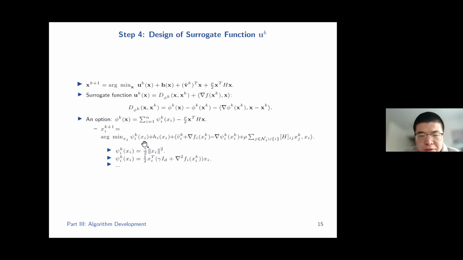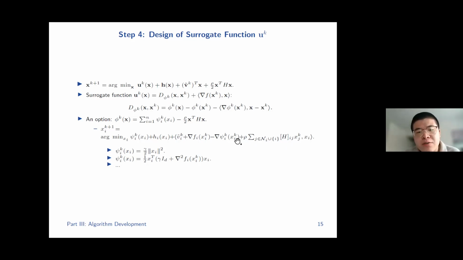Note that in the first 3 items, only information of node i itself is needed. And in the 4th item, only x_j^k from the neighbors of node i is needed, so that this update can actually be implemented over the networks.